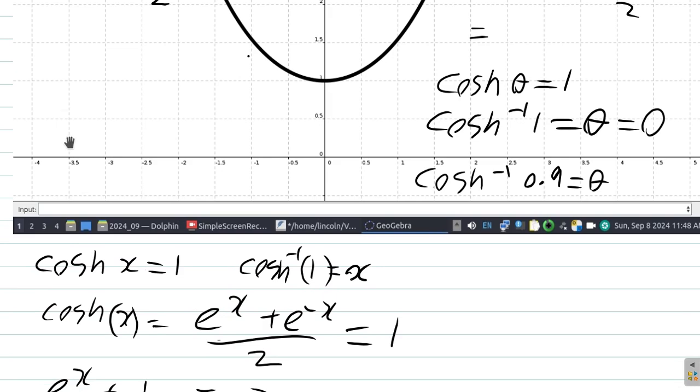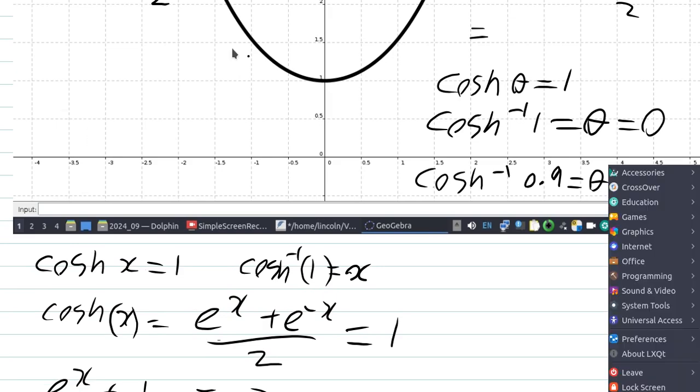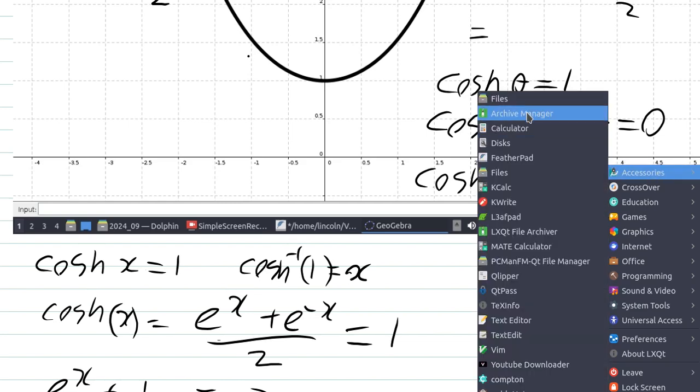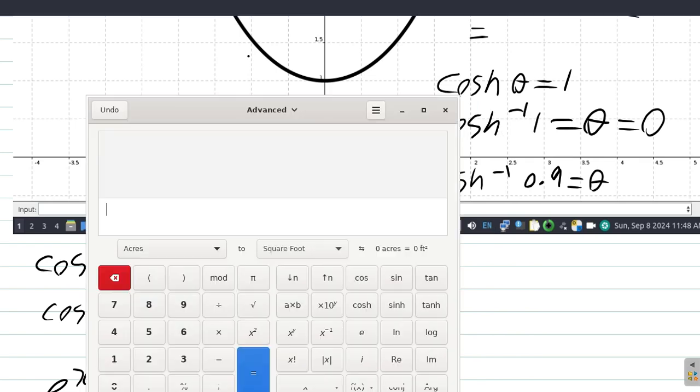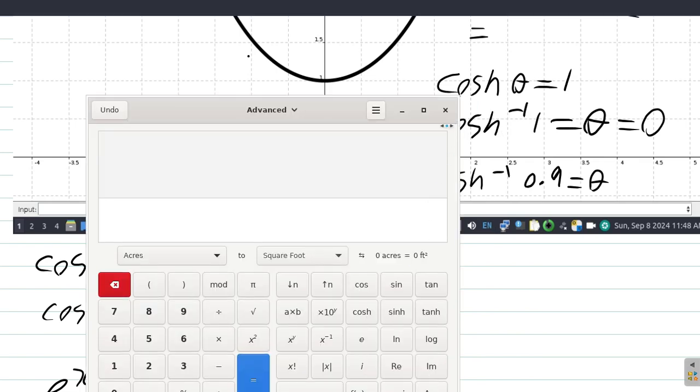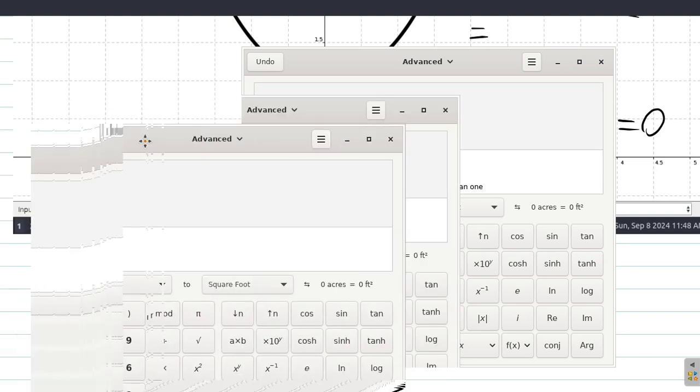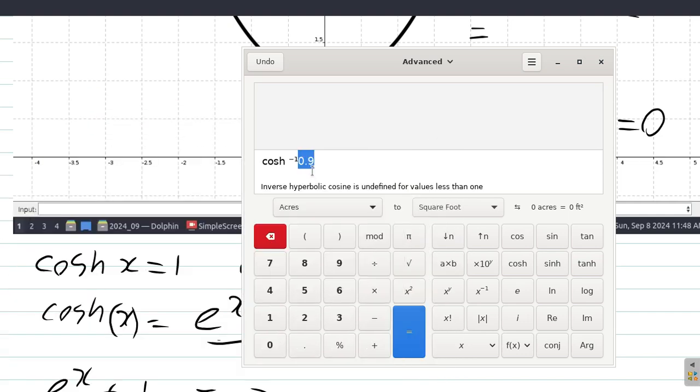Let's use our calculator on that to find the hyperbolic cosine of 0, just to be reminded. So the hyperbolic cosine of 0 equals 1.